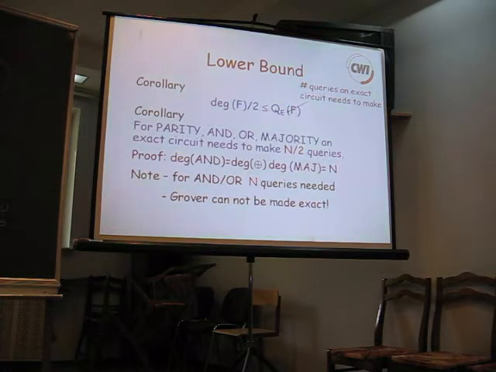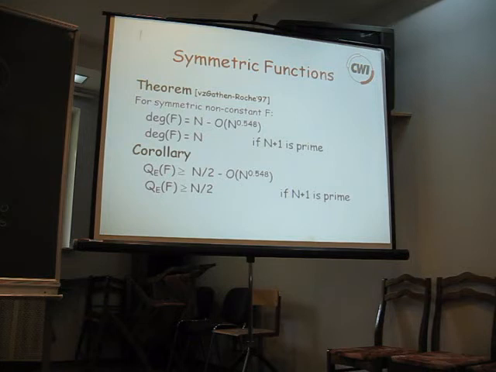This proves that this Grover algorithm cannot be made exact. So inherently in the algorithm there has to be an error. So now it's kind of nice because of this correspondence, that you can plug in all kinds of results that are known about functions.